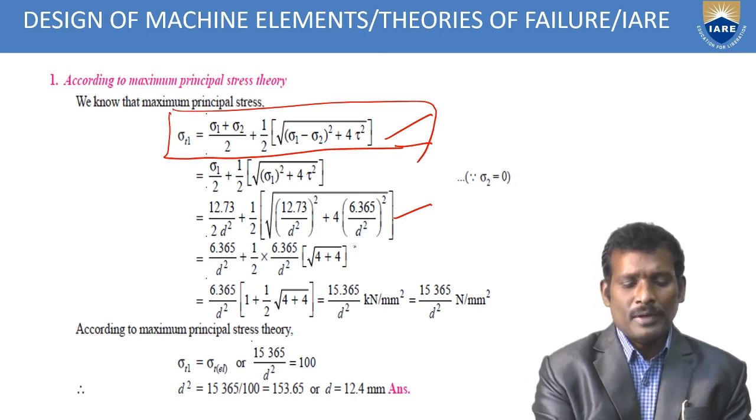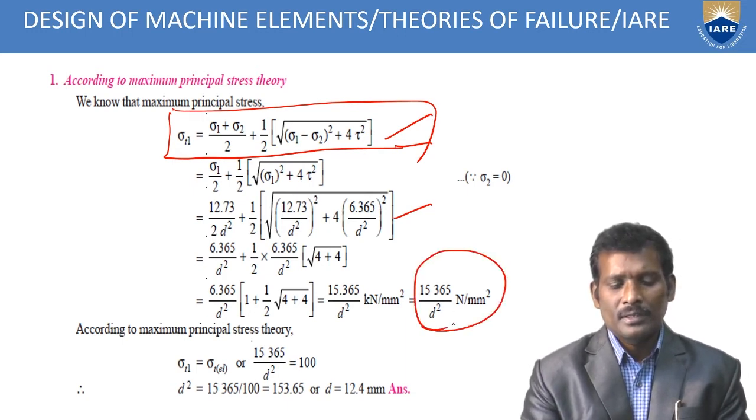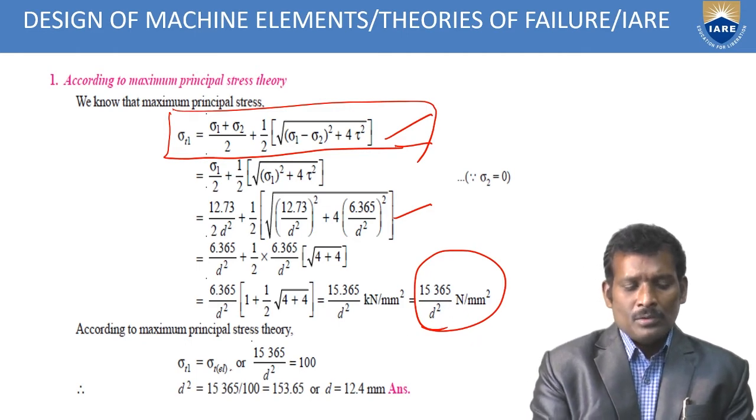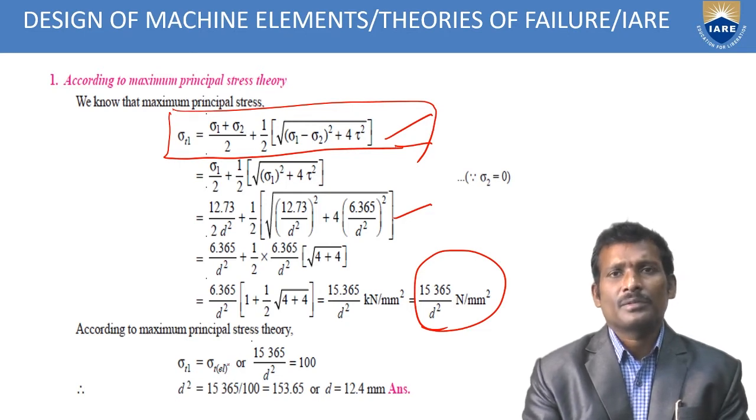So substitute those values in this empirical relation, you will get the maximum principal stress theory. The maximum principal stress, the tensile stress, is 15.36 by D square. So according to principal stress theory, the maximum tensile stress is equal to the stress at the elastic limit.